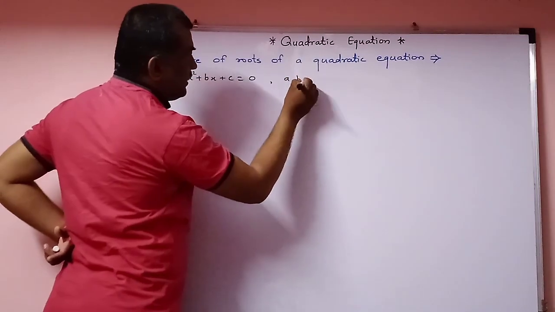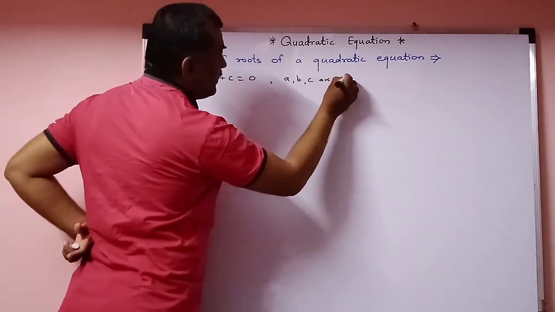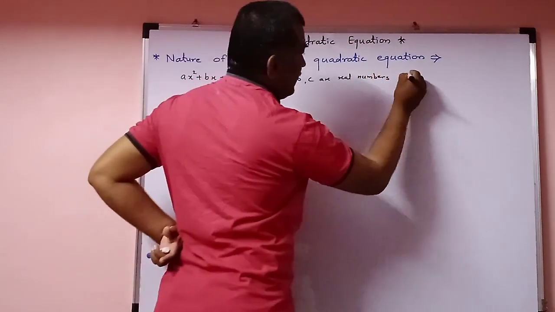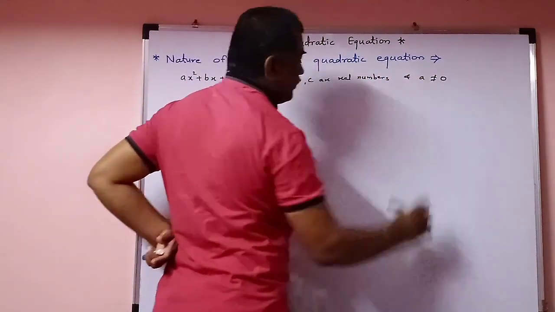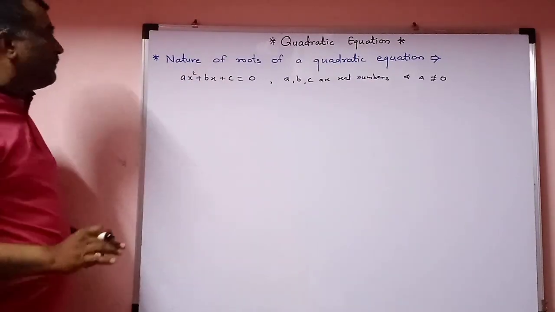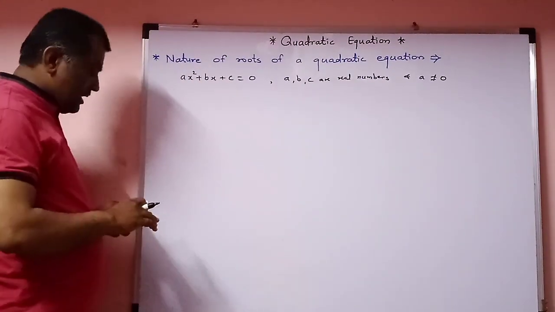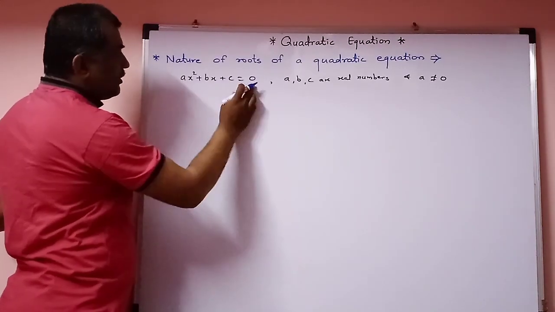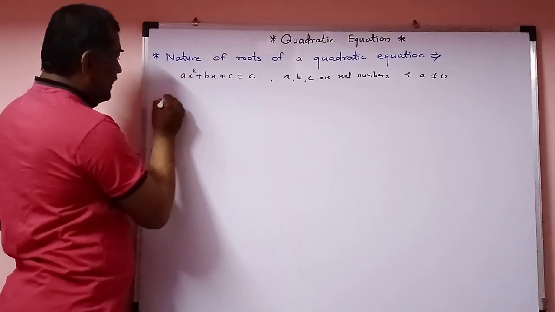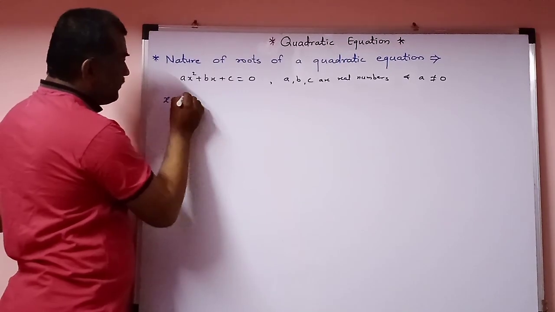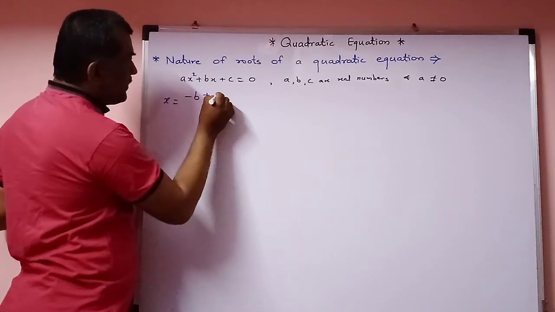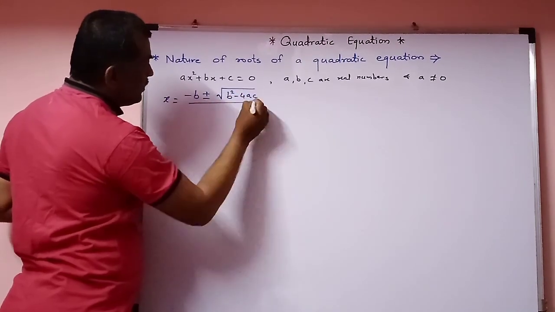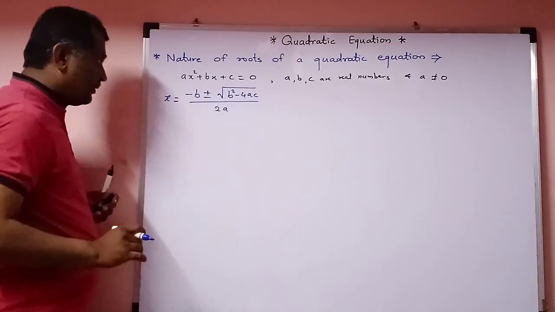Here a, b, c are real numbers and a is not equal to 0. आता हा जनरल फॉर्म आपण पाहिलेला होता क्वाड्रॅटिक इक्वेशनचा। त्यानंतर आपण रूट्स पाहिले होते। Of this quadratic equation, roots are x is equal to minus b plus or minus square root of b square minus 4ac upon 2a.